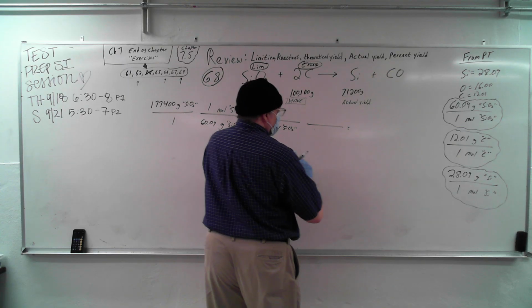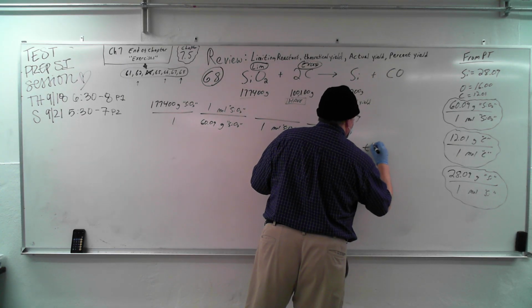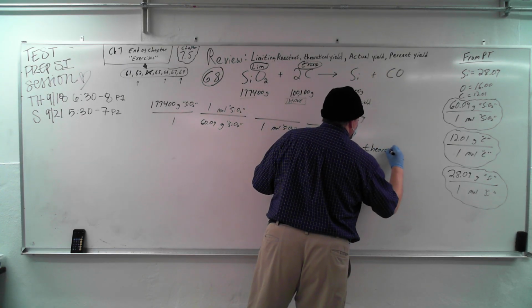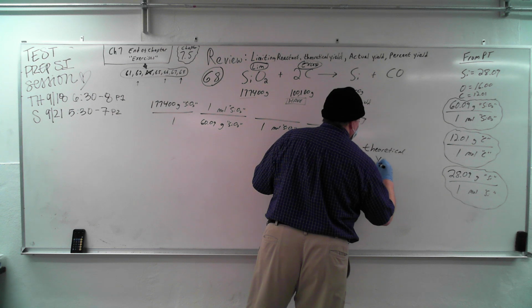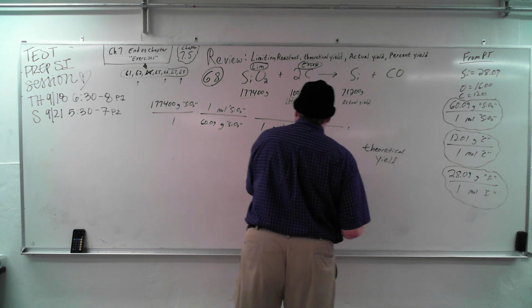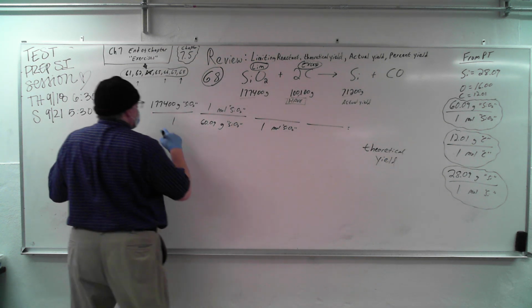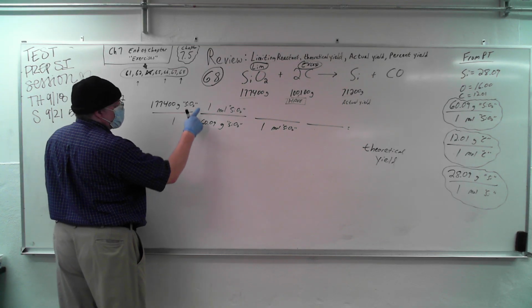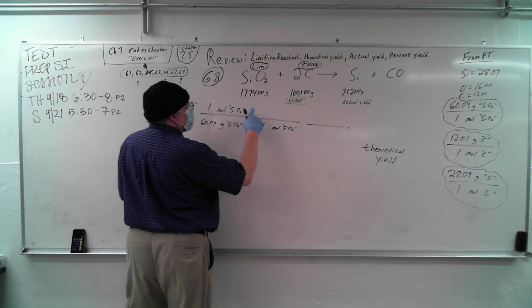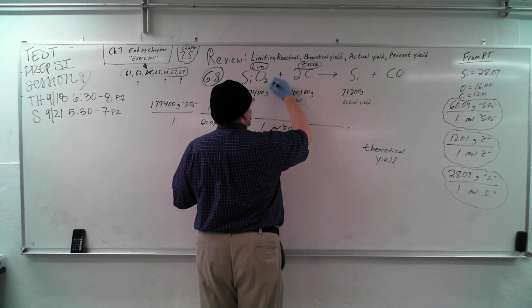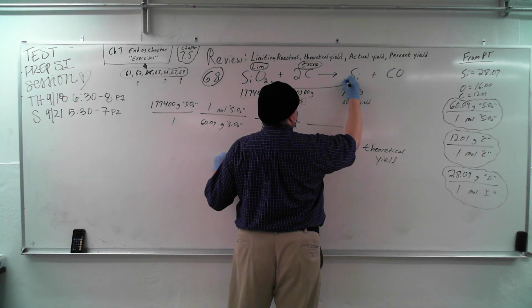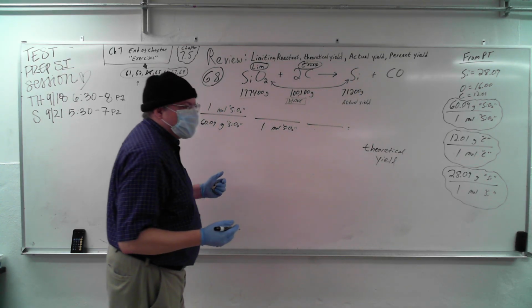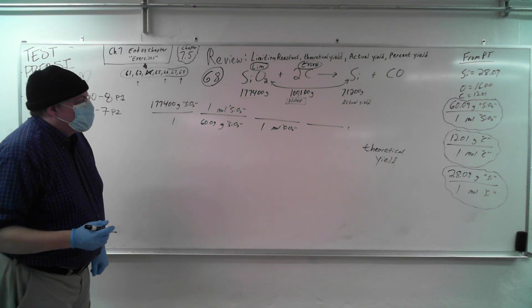Now we're finding the theoretical yield. So I'll first write down the grams of SiO2, and I need the grams per mole for SiO2. Now I'm relating the limiting reactant to the product. The product here is specified as Si. That's in the problem.